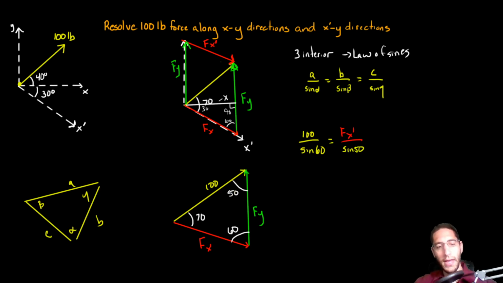So f of x prime times the sine of 60 is equal to 100 times the sine of 50. Let's divide out by the sine of 60.